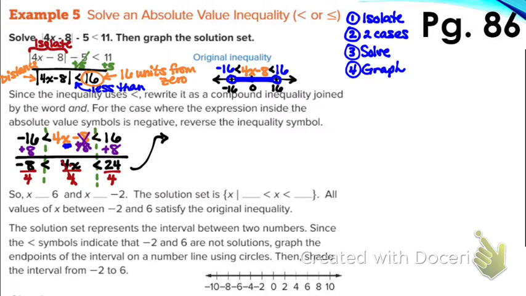Negative 2. What is 24 divided by 4? 6. Right. So this tells me that all the values that would work here are in between negative 2 and 6.